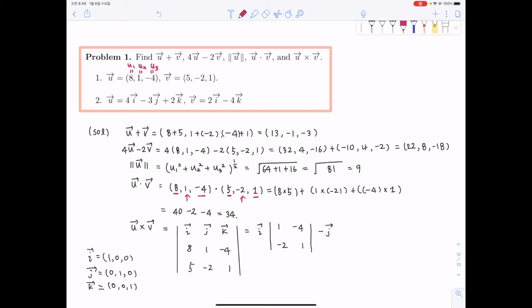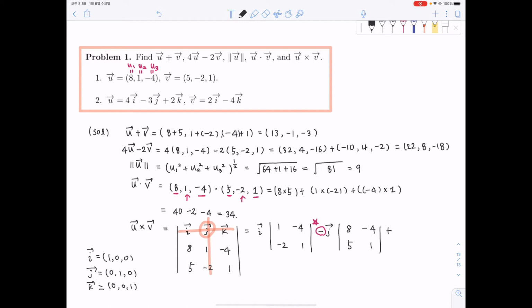Here, the minus sign is important. If we take j, then we delete the row and column which contains j. So we have 8, minus 4, 5, 1. Okay, this matrix.